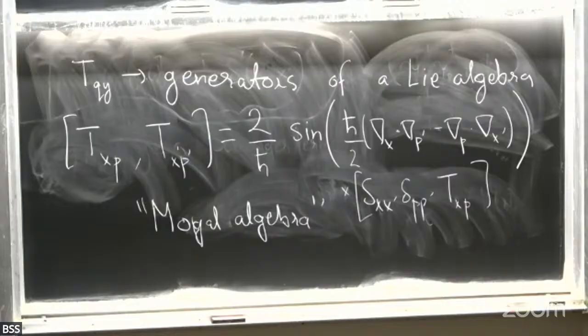That's where this came up a lot, in particular in Weyl quantization of a single particle. But we're not going to care about that for now. For now, we just want to use the fact that this is a closed Lie algebra.